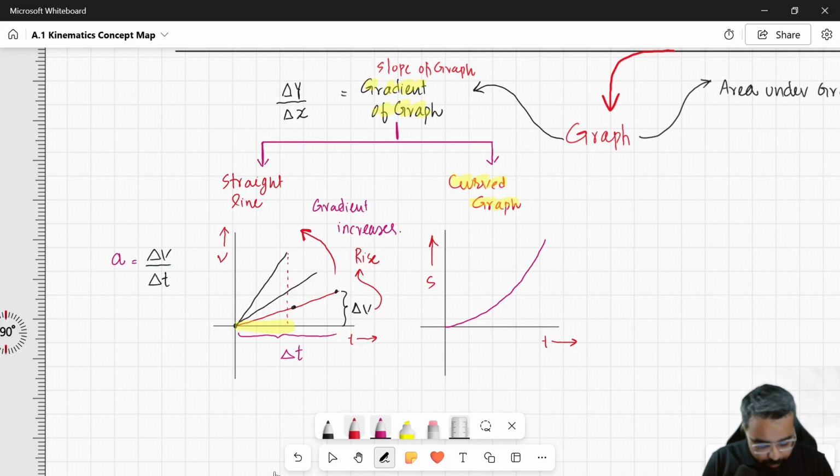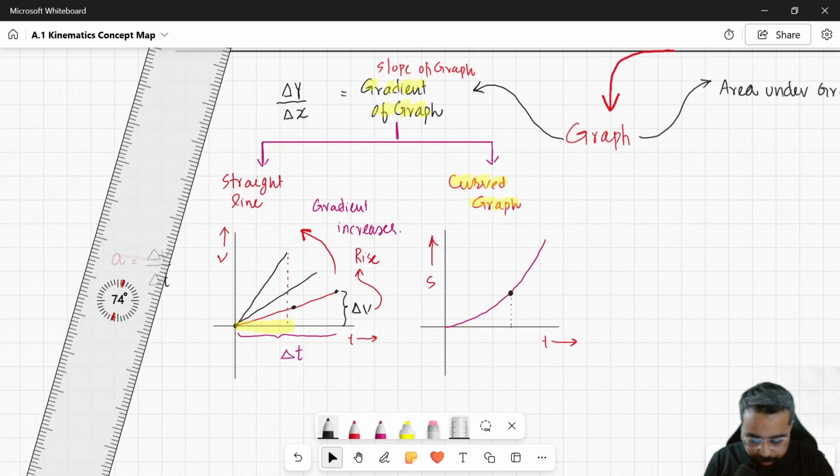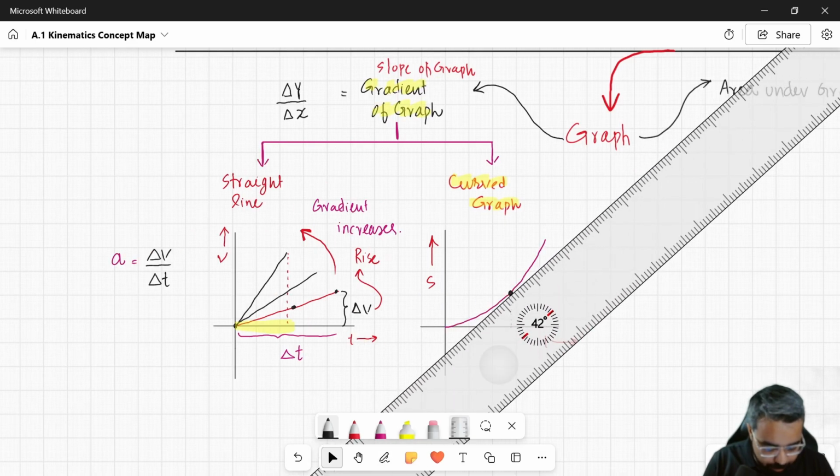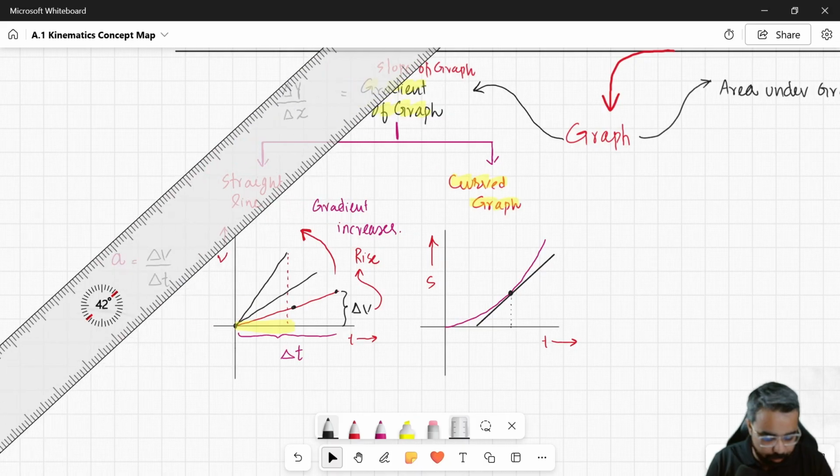If you want to find the velocity at this instant of time, how do we measure it? We will measure, dear students, by drawing a tangent line. It's a very important point. Please notice that we always draw the tangent line, a line that touches only that point.